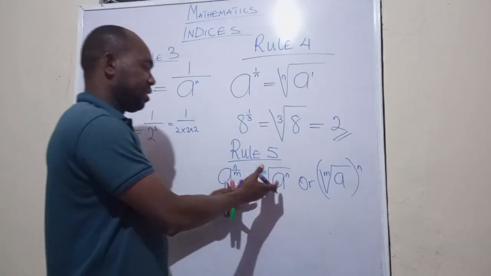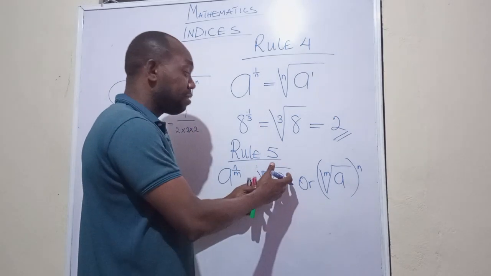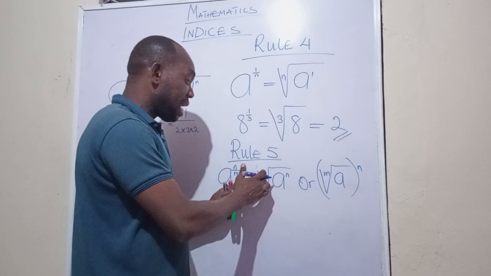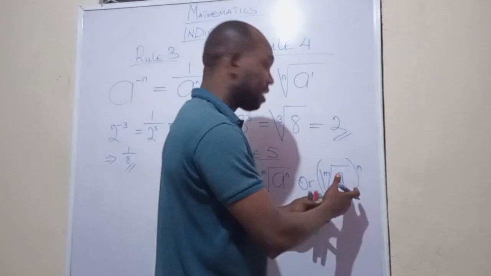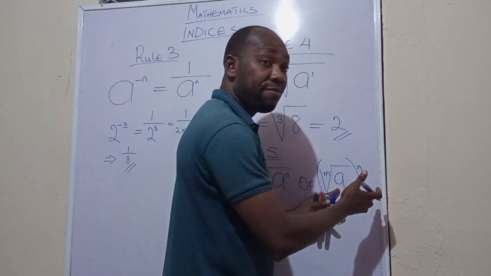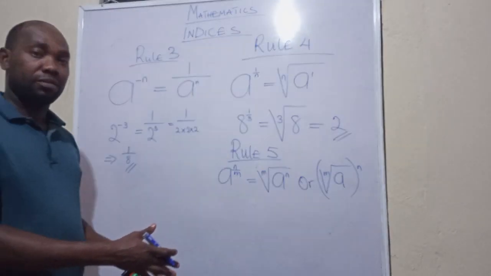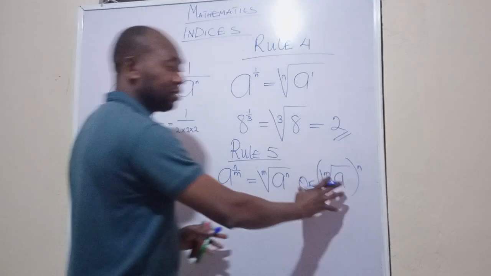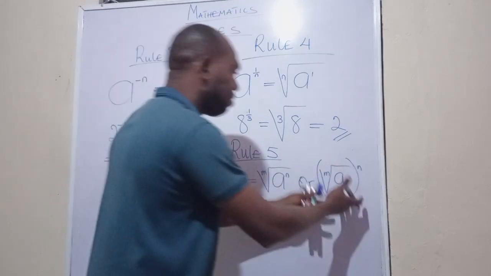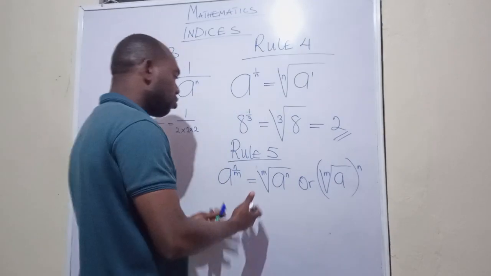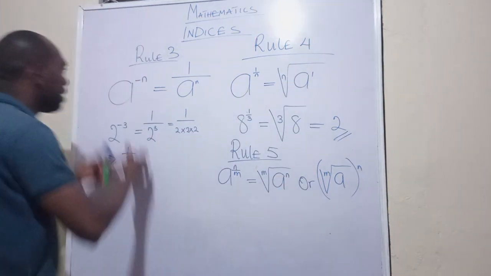Now, in this one, it simply means n will be simplified first before m will be simplified. But in this one, it means that m will be simplified with a first before n will be simplified. So you're looking at this, there are ways in which this can be used and this can also be used. This method has more relationship with this than with this.